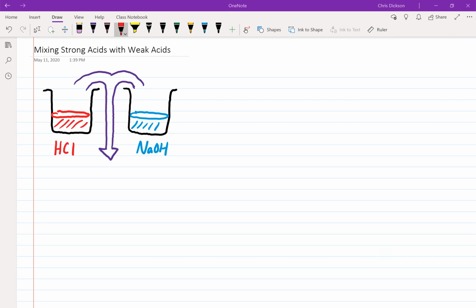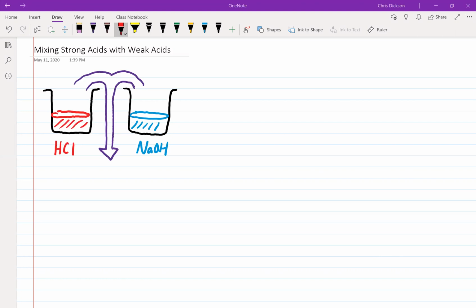Well, we know the pH of the HCl would have to be below 7, and the pH of the NaOH would have to be above 7. And then it would depend on the concentration of the chemicals that would govern what their numbers would be.